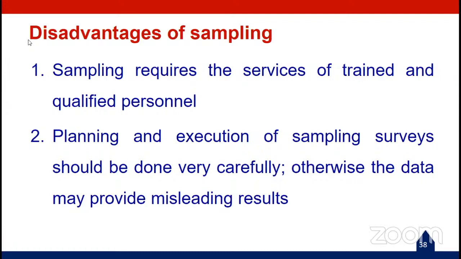The same person has added, in a cluster randomized control trial, should the sample from urban and rural be the same or different? In randomization, as I mentioned, there is simple randomization, block and stratified randomization.